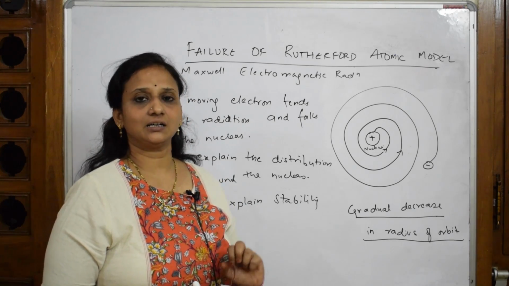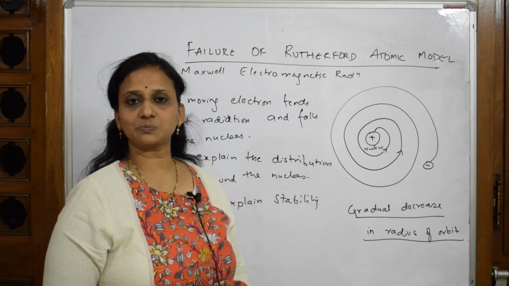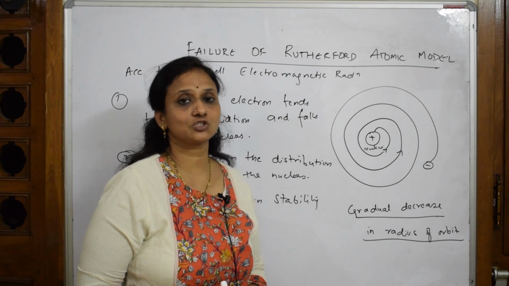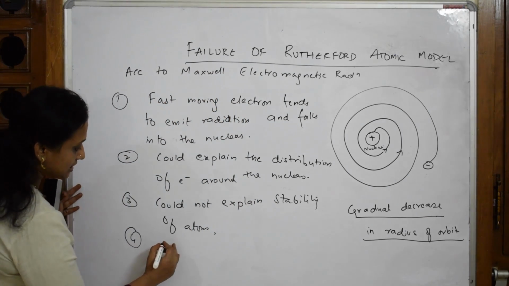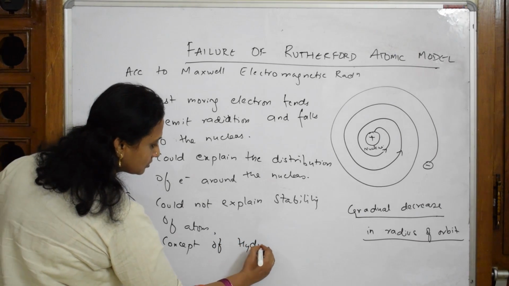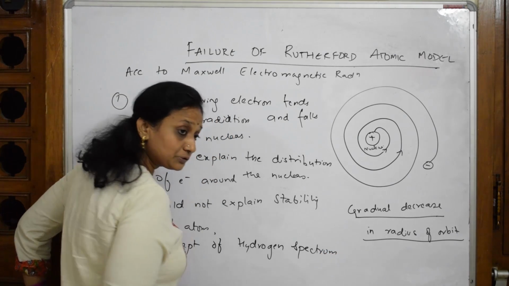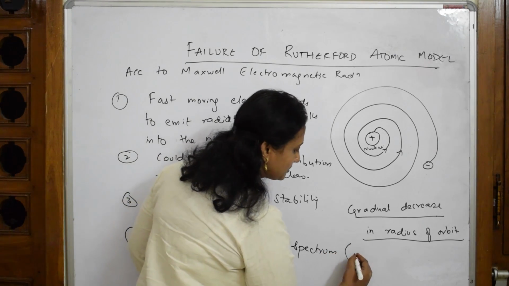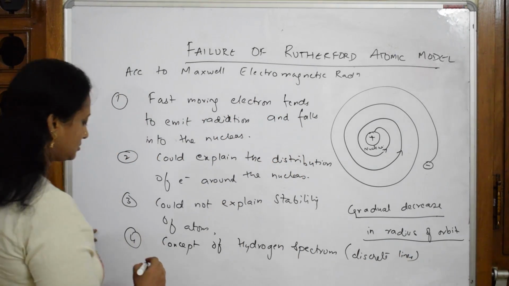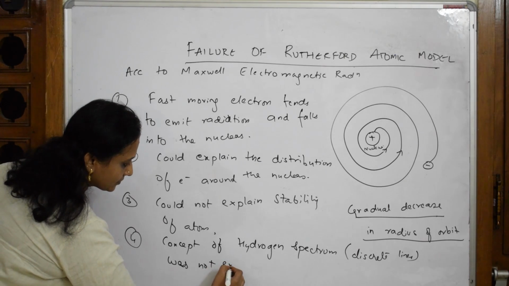He just gave us an idea: there's a positive charge present, there's an electron present, there's a lot of space present, there's a nucleus at the center. But the concept of the hydrogen spectrum was not explained by Rutherford. So let us write that: the concept of the hydrogen spectrum, those discrete lines which we'll be learning very soon, was not explained.